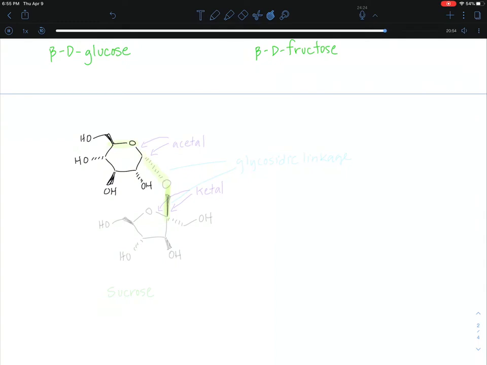Okay, and so this would end up being, gotta give myself some space here, that would be the alpha linkage where that was pointing down. Beta linkage on fructose. It's almost like fructose is holding a balloon up in the air, and the balloon is glucose. What else do we have here? We've got the rest of fructose here.